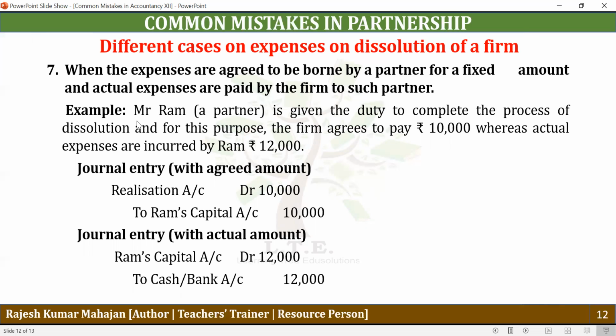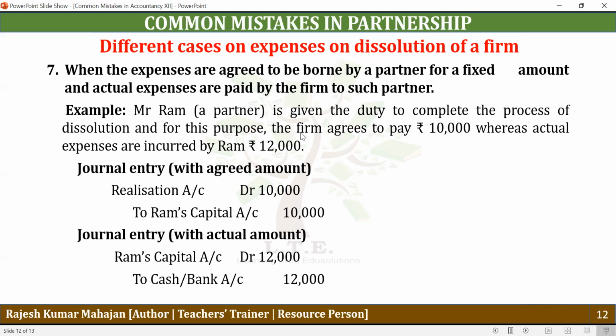Just like here, Mr. Ram, a partner, is given the duty to complete the process of dissolution. And for this purpose, the firm agrees to pay rupees 10,000, whereas actual expenses incurred are around rupees 12,000. So what is the meaning of the entire transaction?